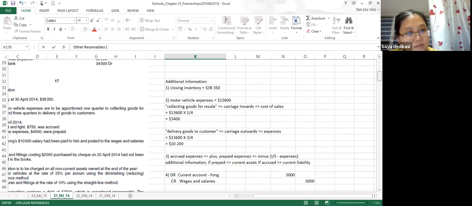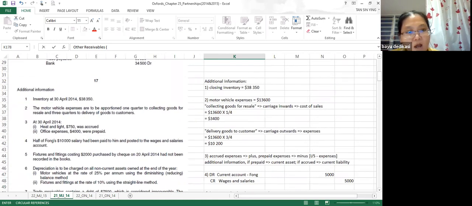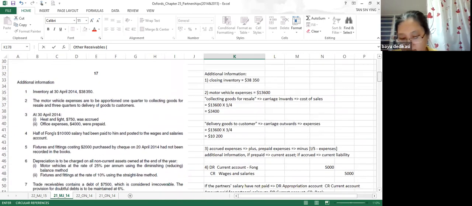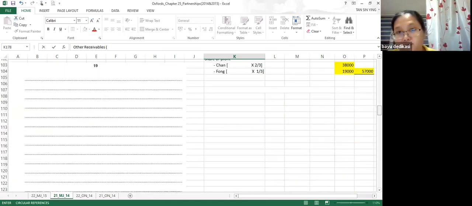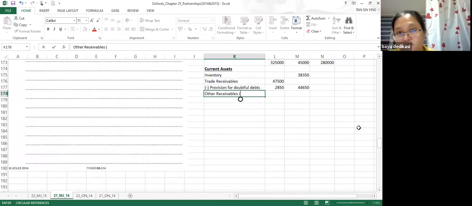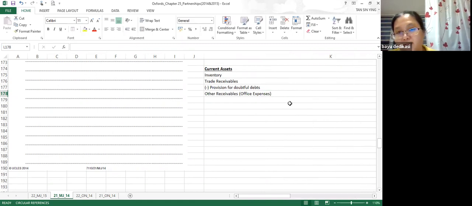What is your prepaid amount? Number 3 information, office expenses. 4,000. Put into the second column.